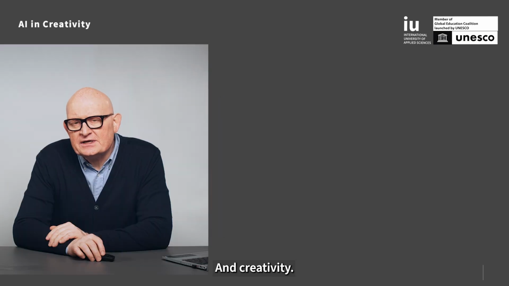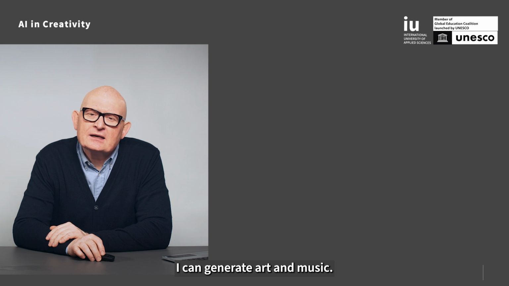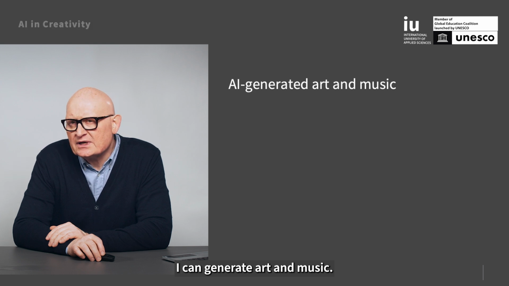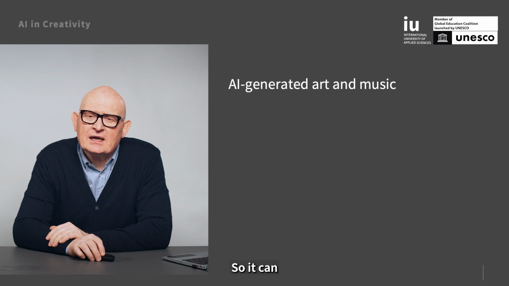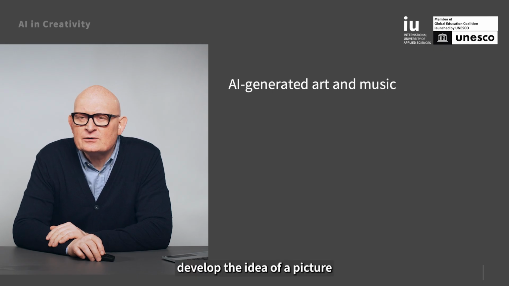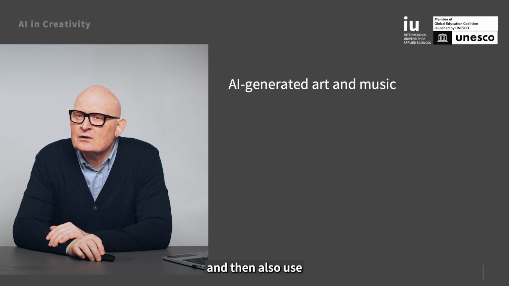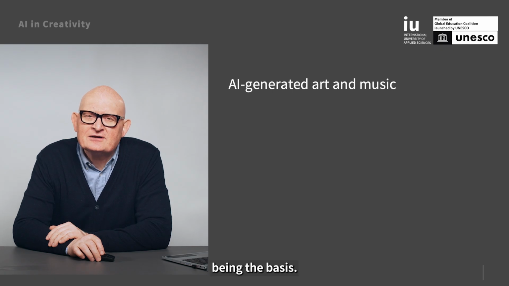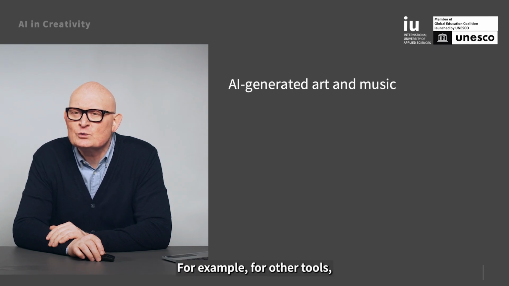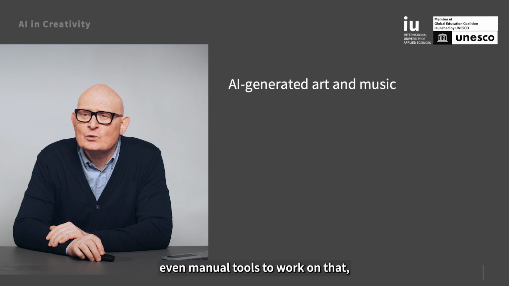In creativity, AI can generate art and music. Yes, it can do both. So it can develop the idea of a picture and then also use the different possibilities of generation to create that picture, being the basis, for example, for other tools, even manual tools to work on that.